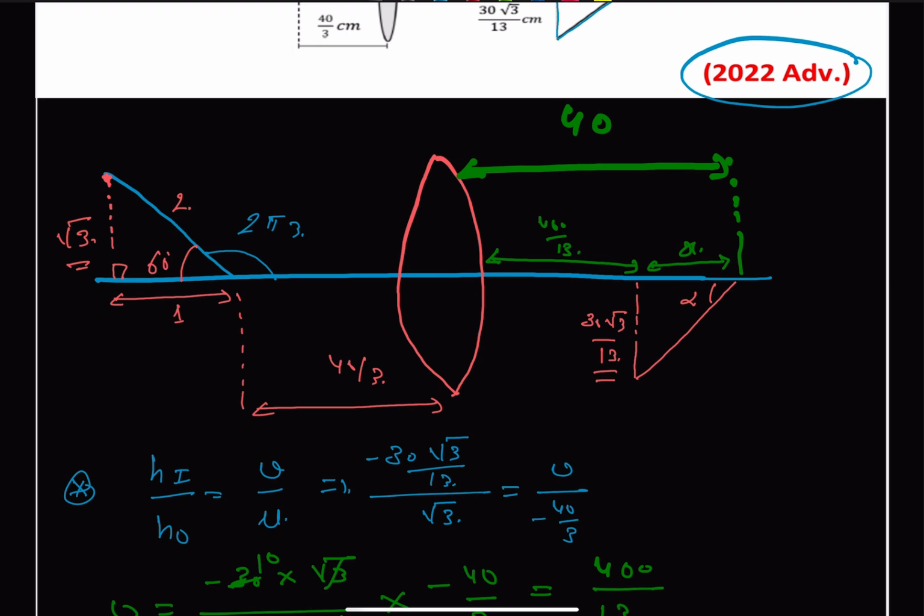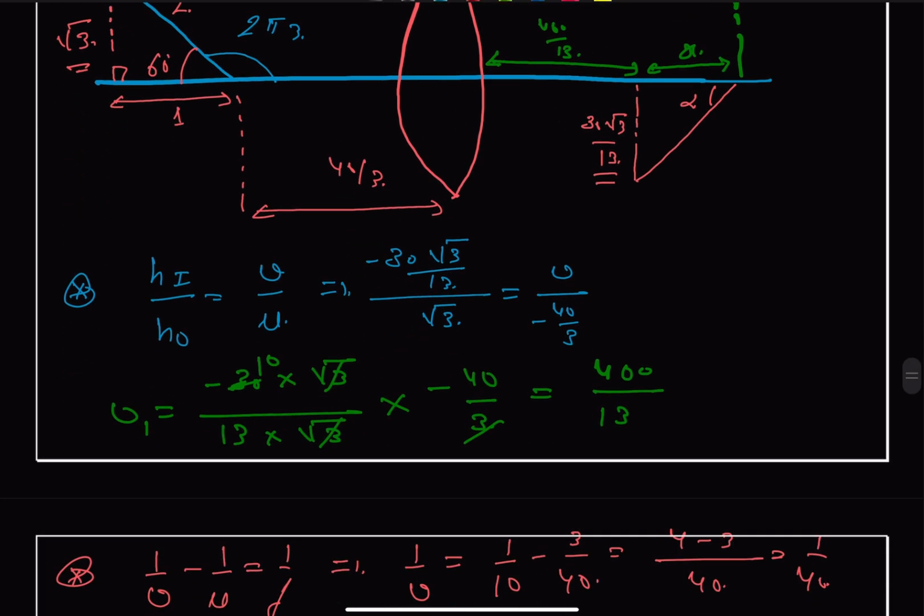Ah, sorry, my mistake. This is 40 by 3 and this entire distance will be 40 by 3 plus 1, that is 43 by 3. Yeah, my mistake, sorry.